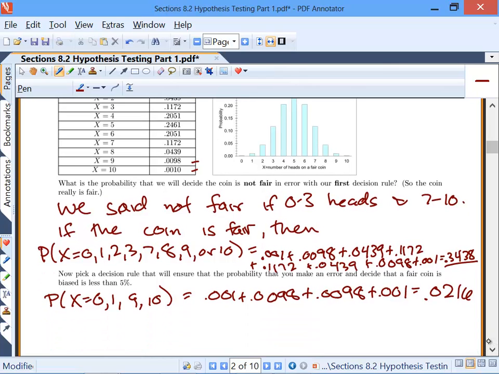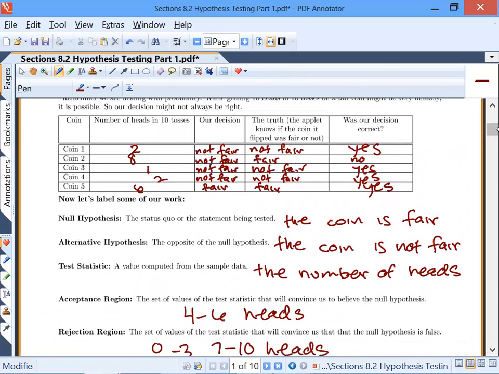Now, is that the only type of error that I could get, of deciding a fair coin is biased in error? What's the other type of error that I could have? Or let's look back up at our table from when we were incorrect. Oh, that was the only time we messed up. Never mind. Okay.